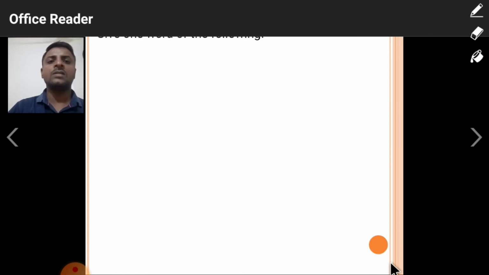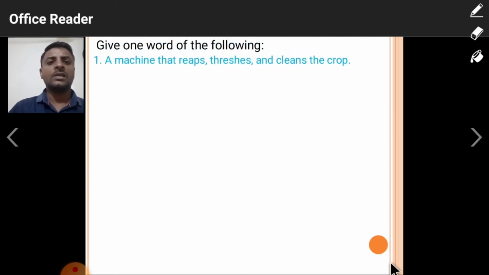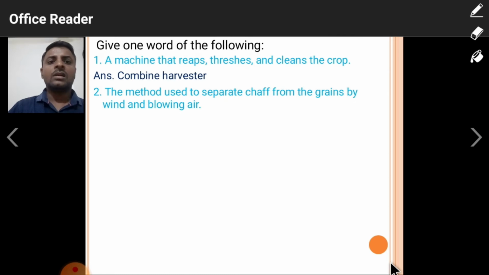The next question is give one word of the following. The first one is a machine that reaps, threshes and cleans the crop. Answer is combine harvesters. The method used to separate chaff from the grains by wind and blowing air is called winnowing.